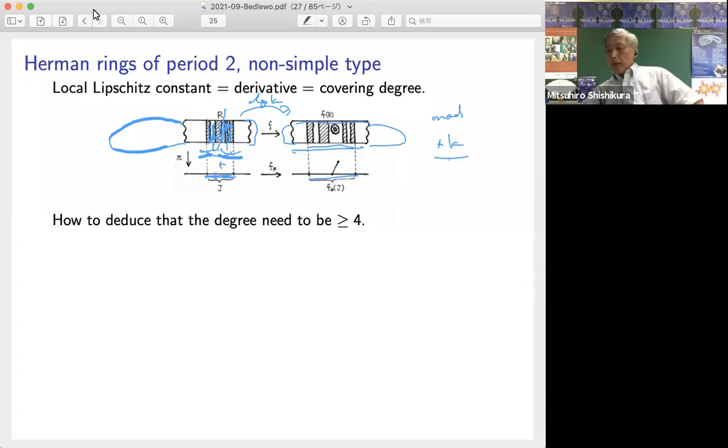So let me go back to the problem I discussed: the degree of a rational map realizing the Herman ring of period 2 of non-simple type. So the configuration was something like this.